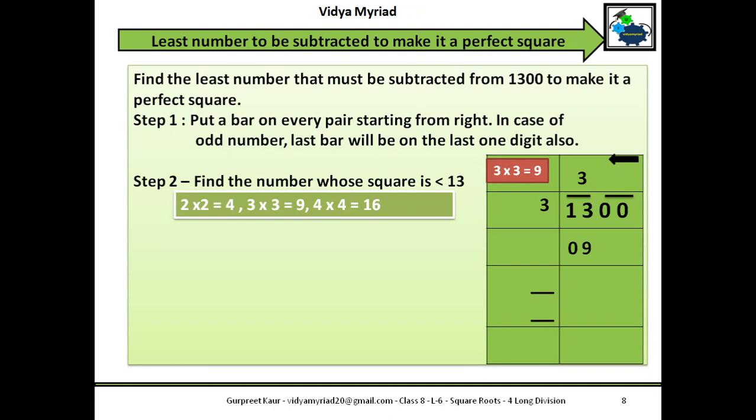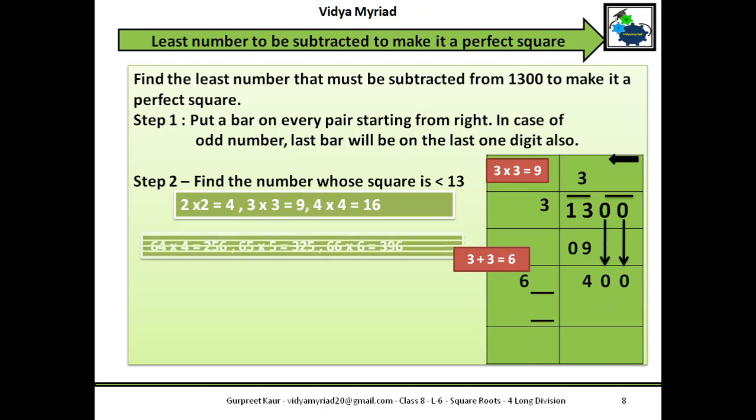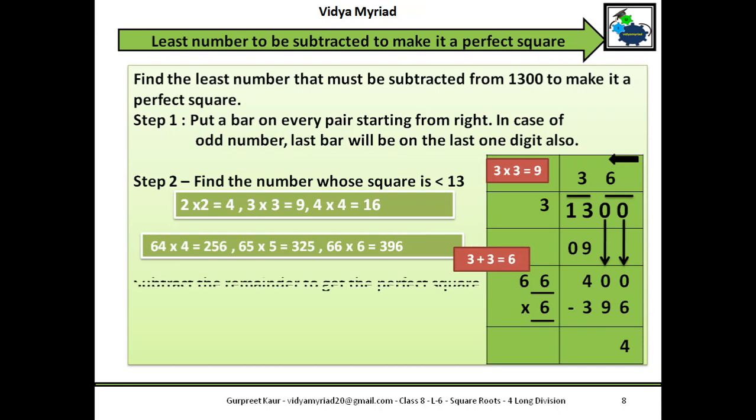When I solve 3, your number comes to 400. So 3 plus 3 is 6. So I will try to find out what on 6. 66 into 6 is 396. That means I will multiply with 6 and your remainder comes to 4. So what number do you need to subtract? Subtract from the number 1300 and you will get a lesser number than 1300.